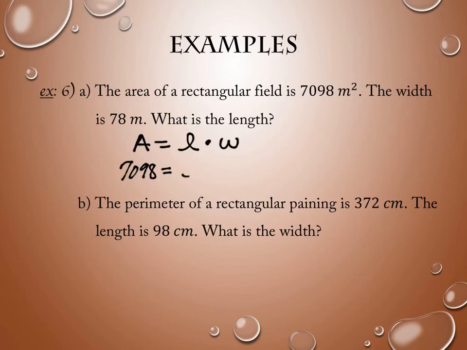For W. So length, if you write it carefully with the L that's scripty, right? It still is the unknown, and we have 78. And what would I do to find the length? Divide by 78, exactly. So what would be the length of this field?